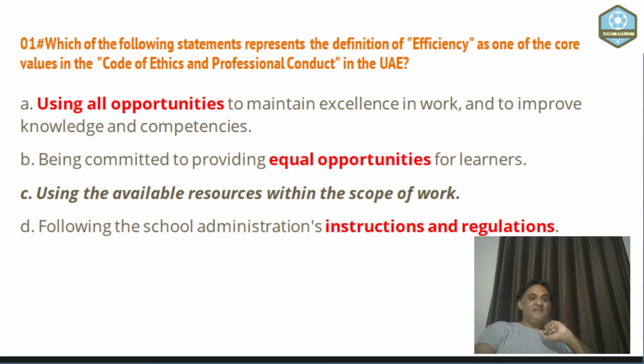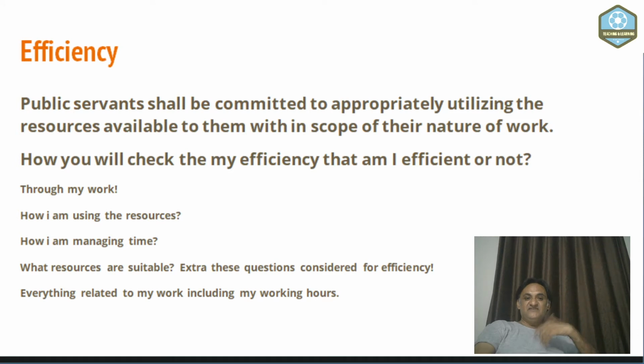Now here, look at efficiency. Efficiency is that the public servant shall be committed to appropriately utilizing the resources available. This is about what is available. If you have been assigned the budget of your house and you have purchased these resources, how efficient you are in managing this budget matters.